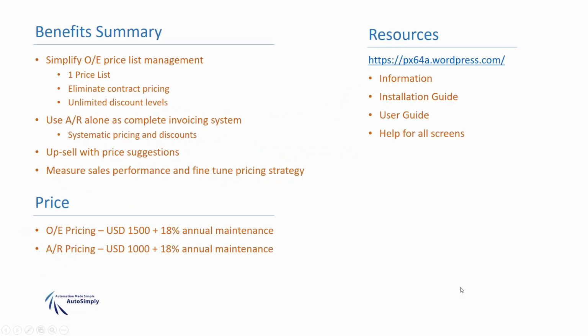All right. So that's basically the major things I want to show you on the OE and AR pricing. So just a very quick recap. The benefit of this product, of course, for OE, is a way to simplify price list management.